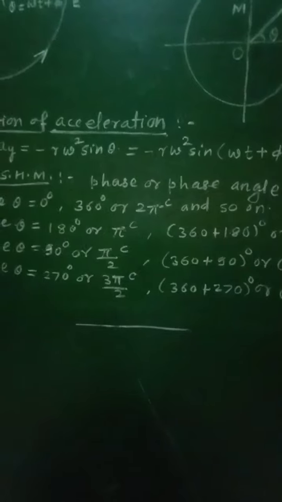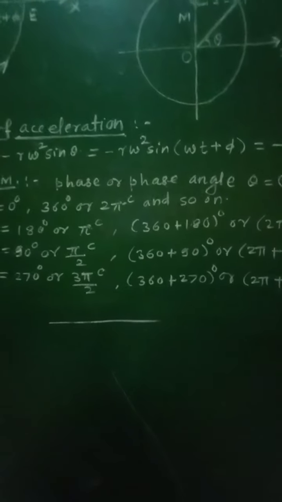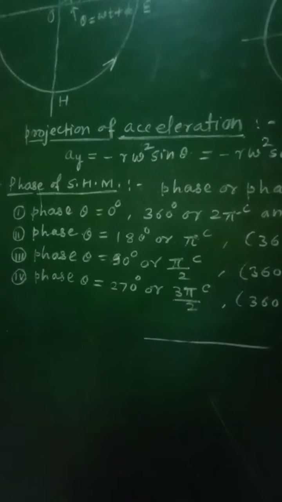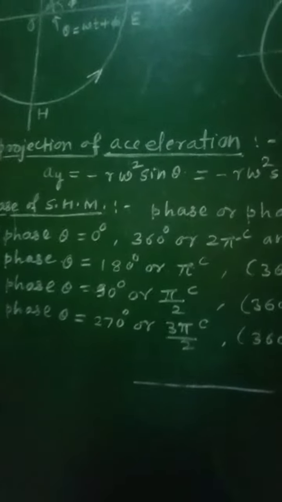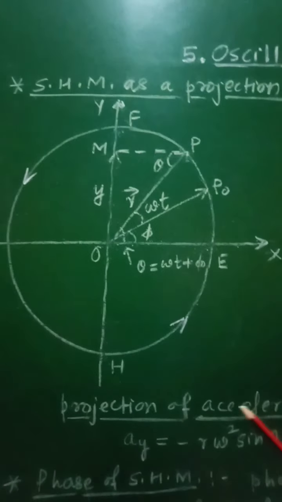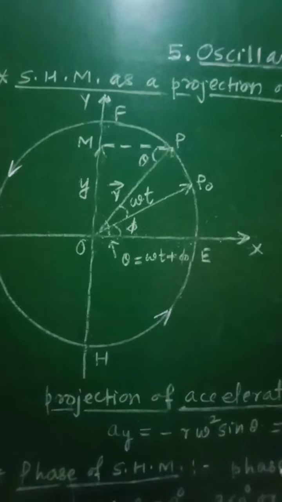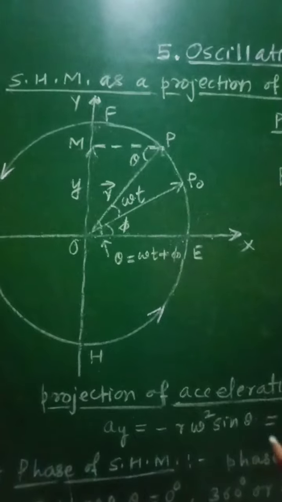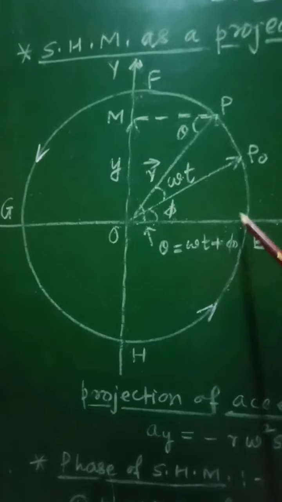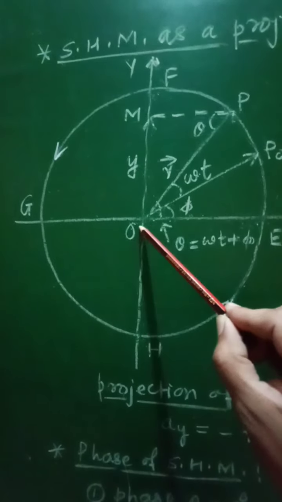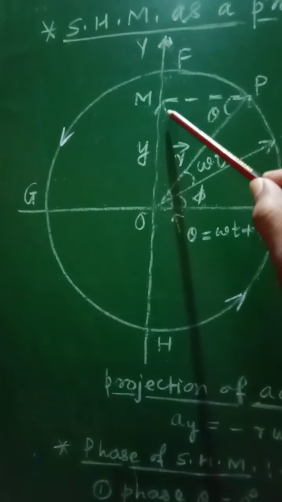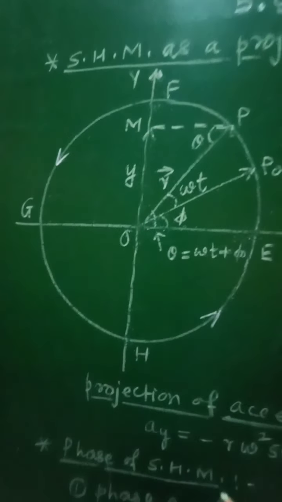So like this, the particle will perform continuous circular motion or uniform circular motion, and we can say that SHM will be considered as the projection of UCM. So when theta is equal to 0, the particle will be at the mean position, then it will go towards the positive extreme position.